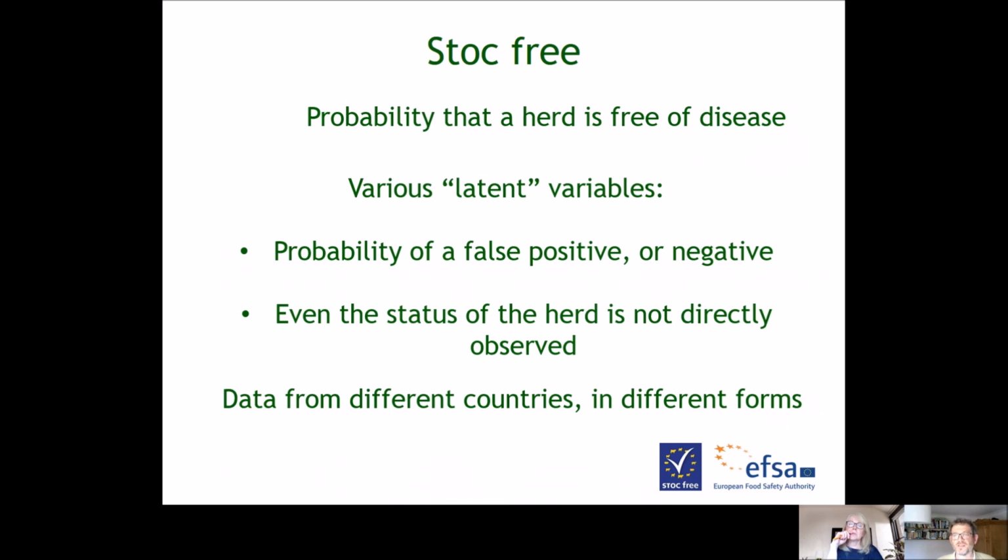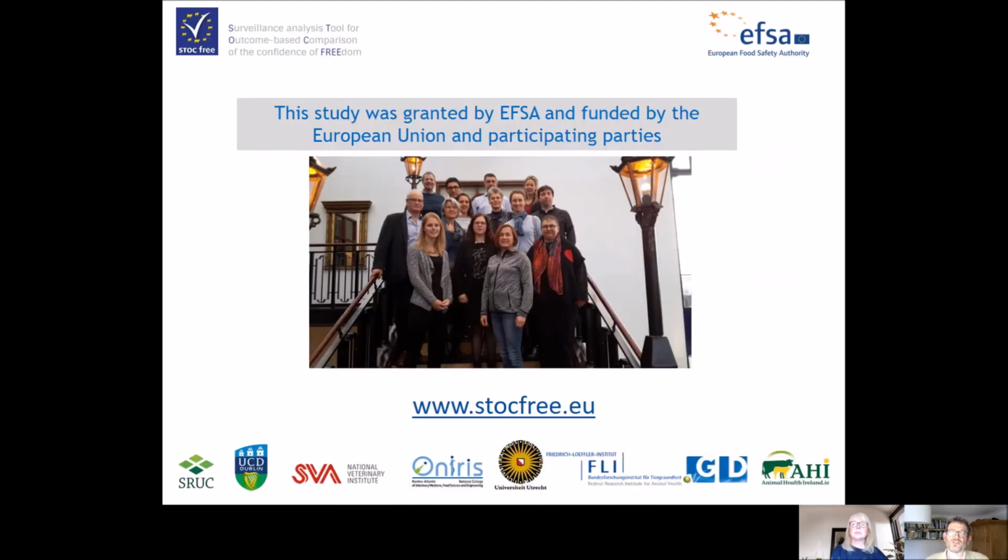And the Bayesian method has the flexibility to incorporate data collected in different ways. And so it's because we've had access to the computing power and the flexibility of the Bayesian approach that the Stock-free project has already progressed very well and has produced useful and interesting results as published earlier this year.